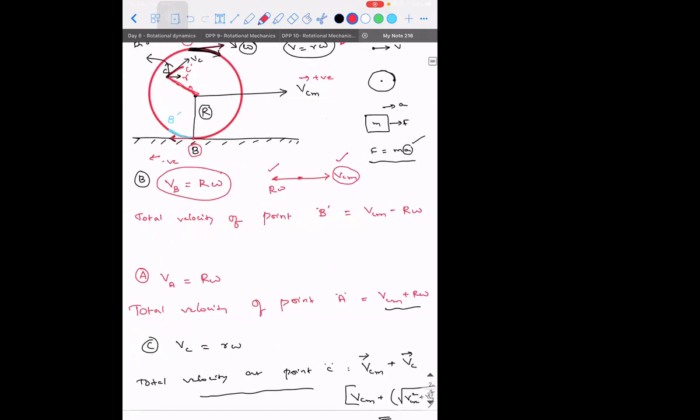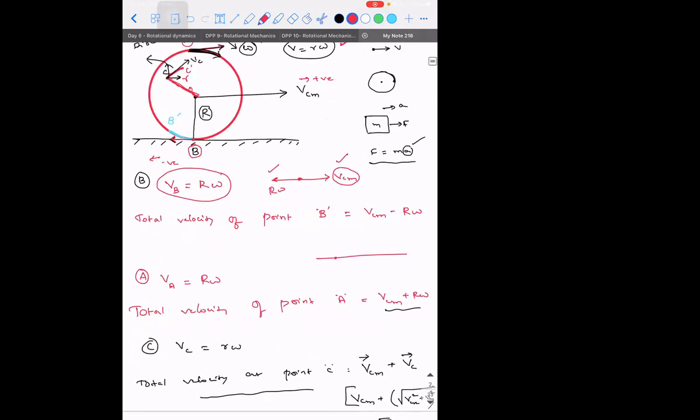What I mean by slipping motion is, listen carefully: when the object is rolling, B will slide for some time, then again start rotating, then again slide for some time, then again start rotating. That should not happen. B should be in contact with the floor only for a fraction of a second. It should not be in contact with the floor for that much time. That is the meaning of not slipping.